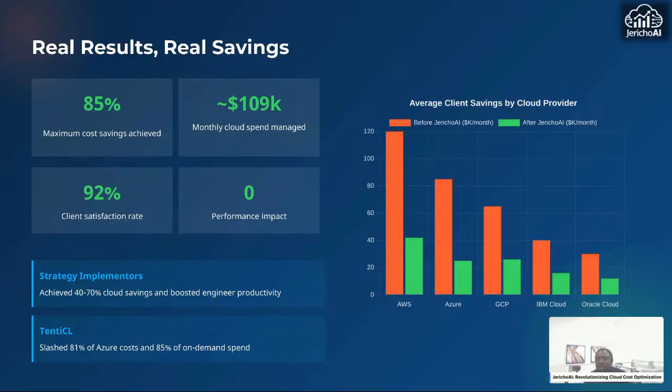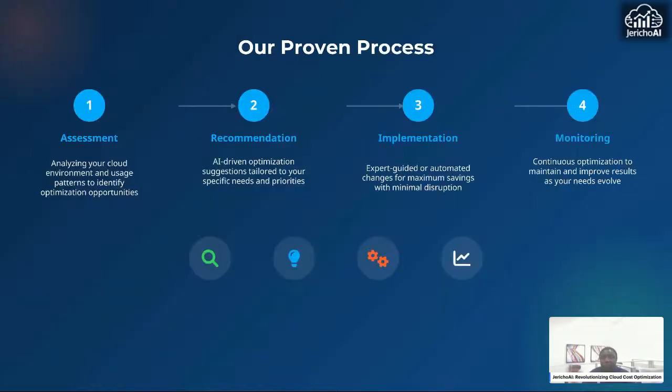We have seen this company saving this already, and we have also seen Tentacle. They have, of course, slashed 81%, and stuff like that as well that we've seen. So we see average cloud savings by cloud service provider, and it keeps increasing, right? Especially even from our lab.